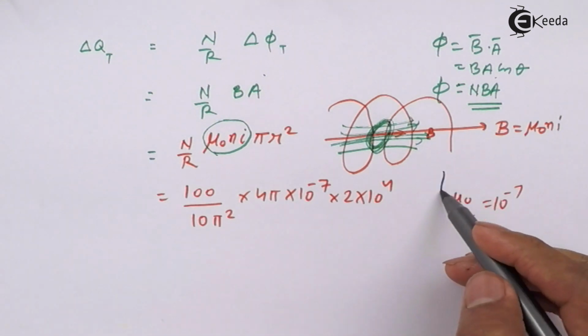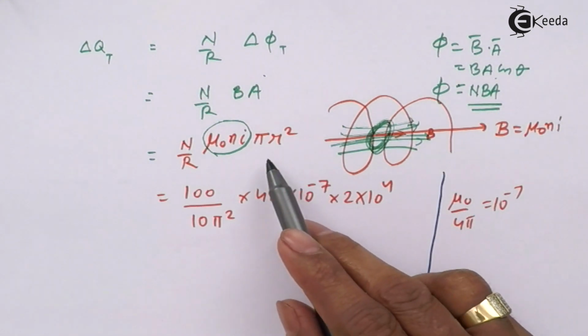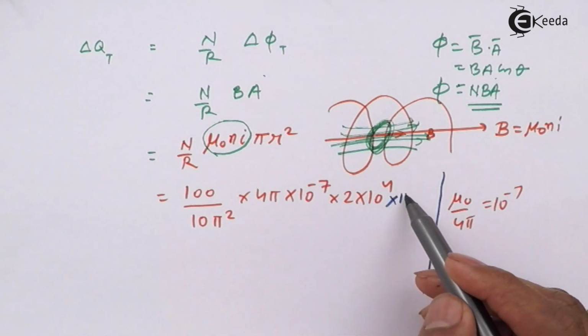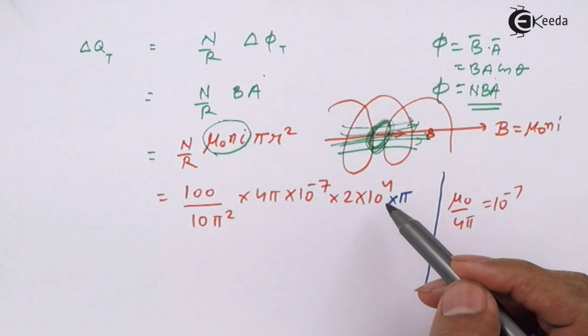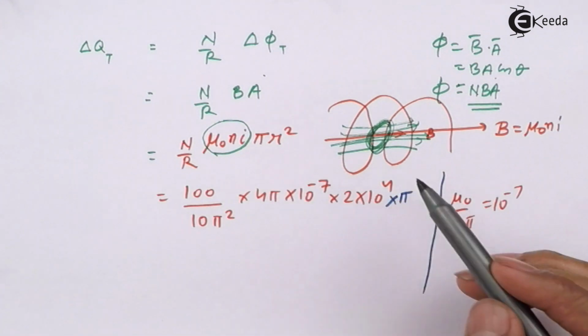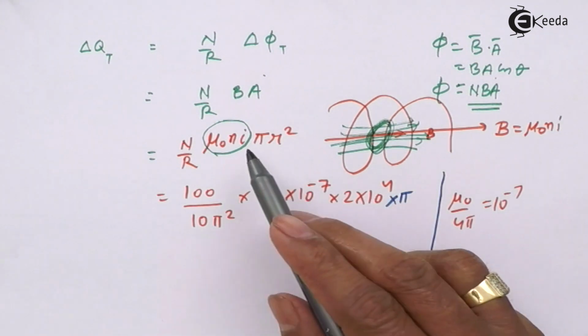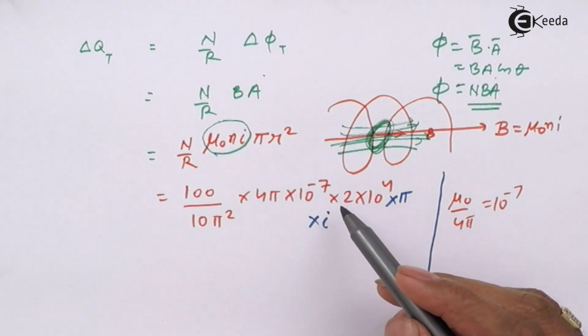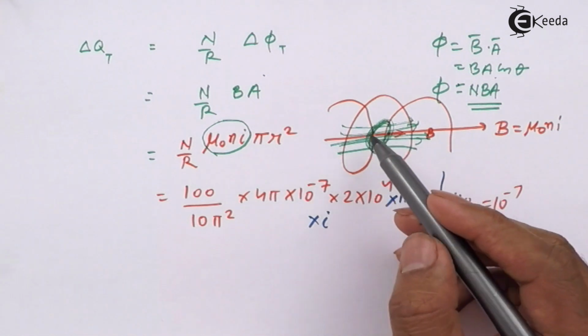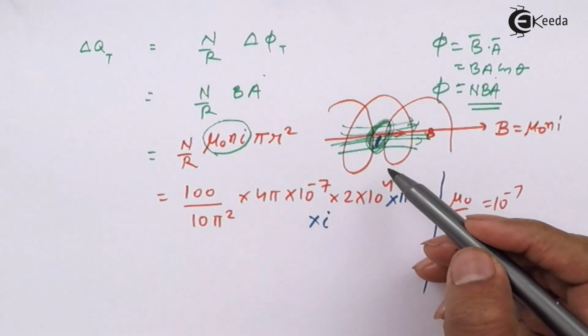Now pi is there, and mu naught N is this one, and i is there, and R square is the radius square.